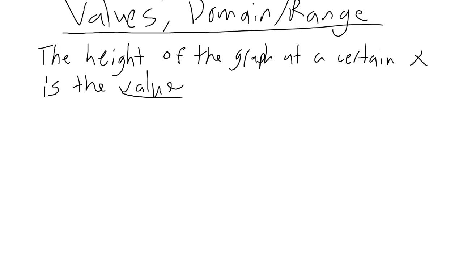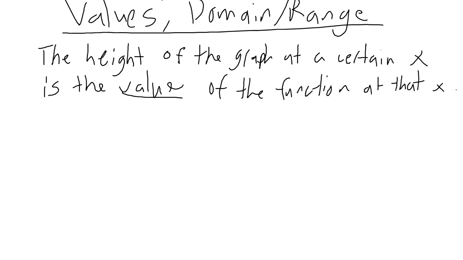So the height of the graph at a certain x value is the value of the function at that x value. And by value, we mean the y value or f of x value. So the value of the function.